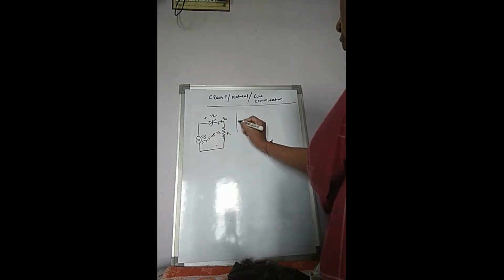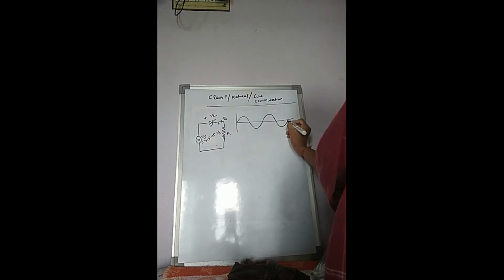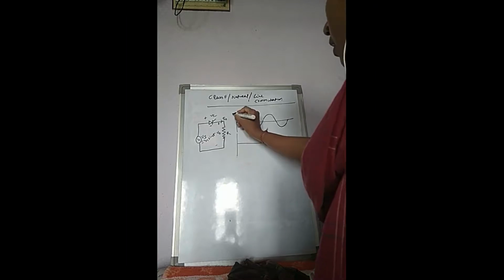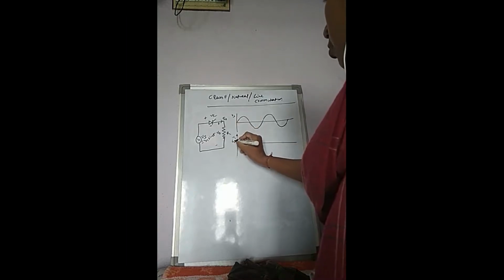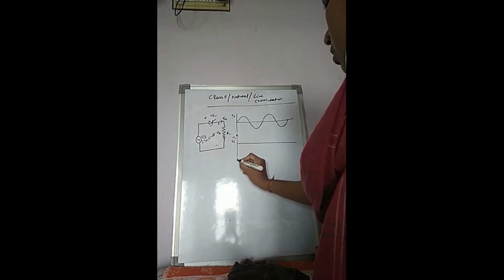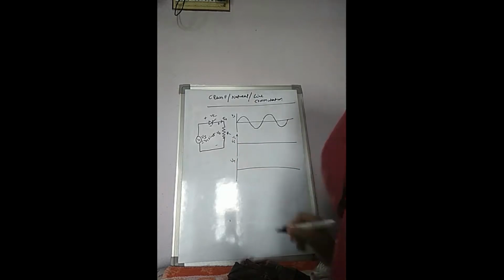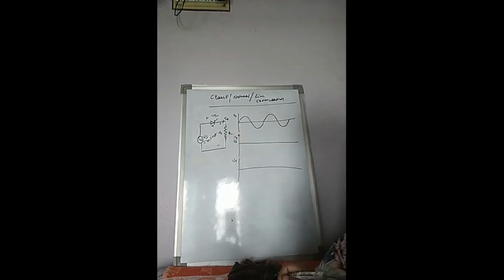So let's draw the waveforms first. This is Vs, this is V0 and I0, this is Vt.